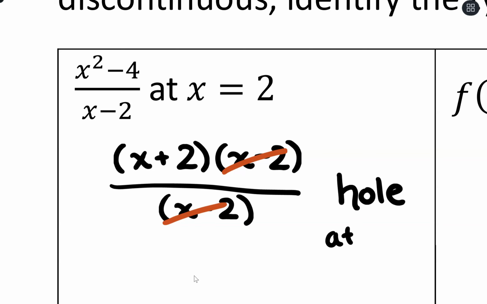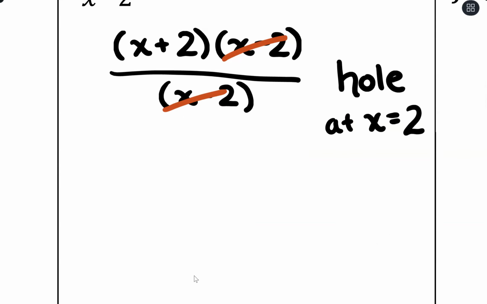And we have a hole at x equals 2, where we're trying to evaluate it, and also we're not defined elsewhere. So this right here is a removable discontinuity.